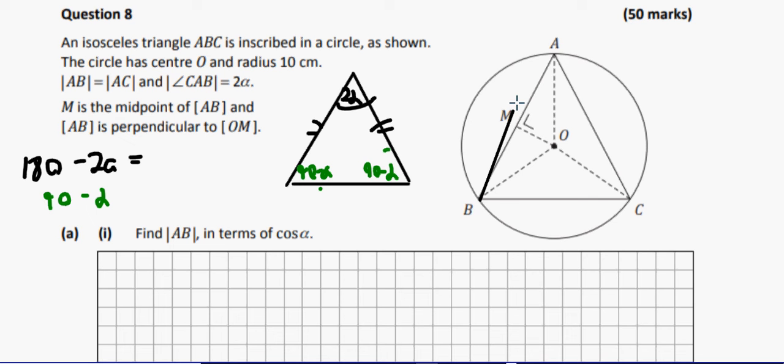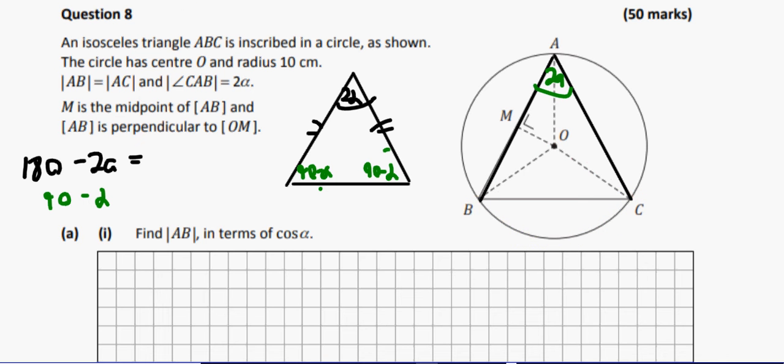If this is 2 alpha, remember the circle rule. If that's 2 alpha, that means that this angle here that's standing on the same arc, and this is at the center of the circle, that would mean that that's 4 alpha.